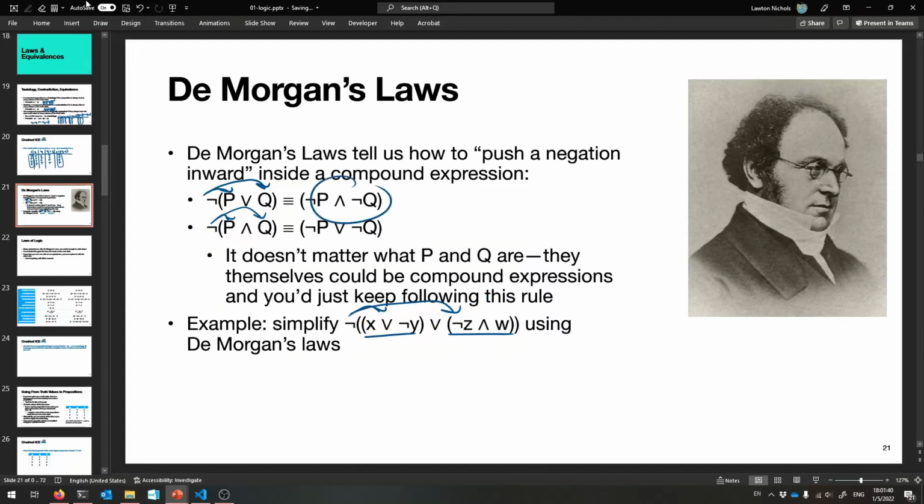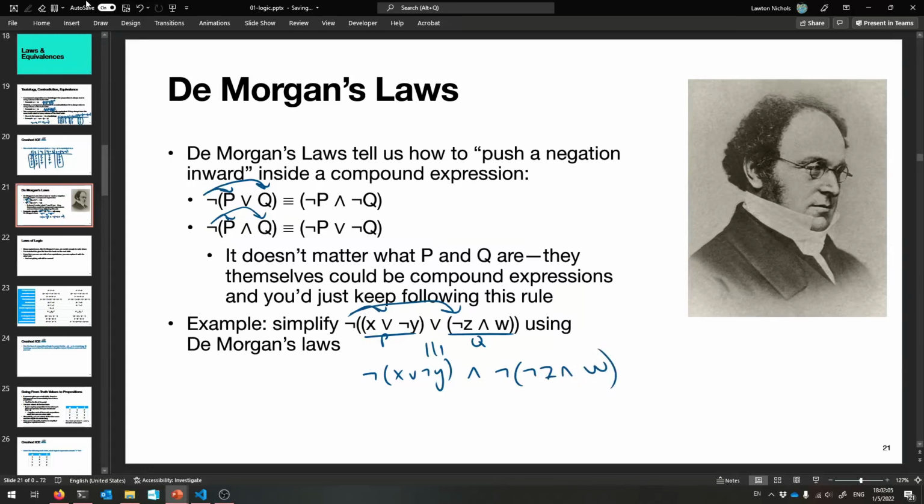That's what it's saying. So this is equivalent to negating (X or not Y), and then this got flipped to an AND. So this was the P, this was the Q, right? And not (Z and W), okay?